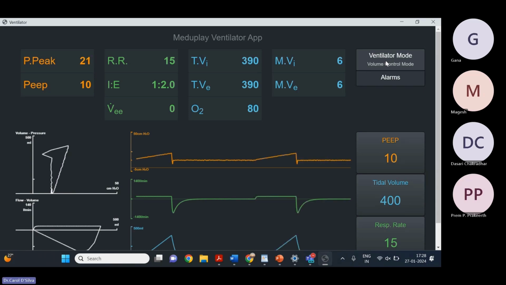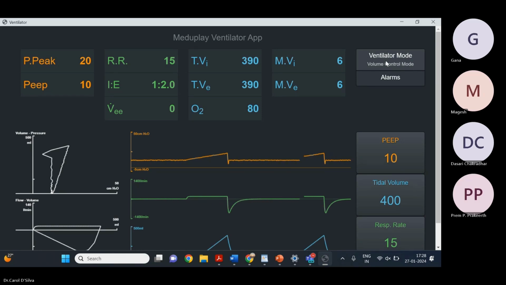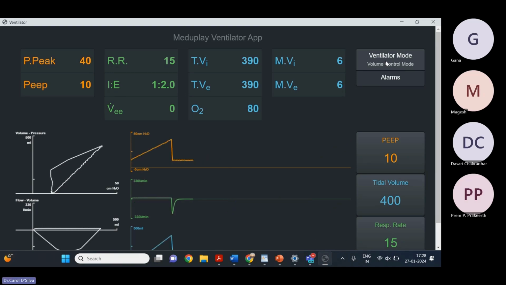So this is how the slope will be. As my compliance reduces, this slope will keep going more and more up. Okay, so I'm going to reduce the compliance now. Can you see the change in the slope? Understood?